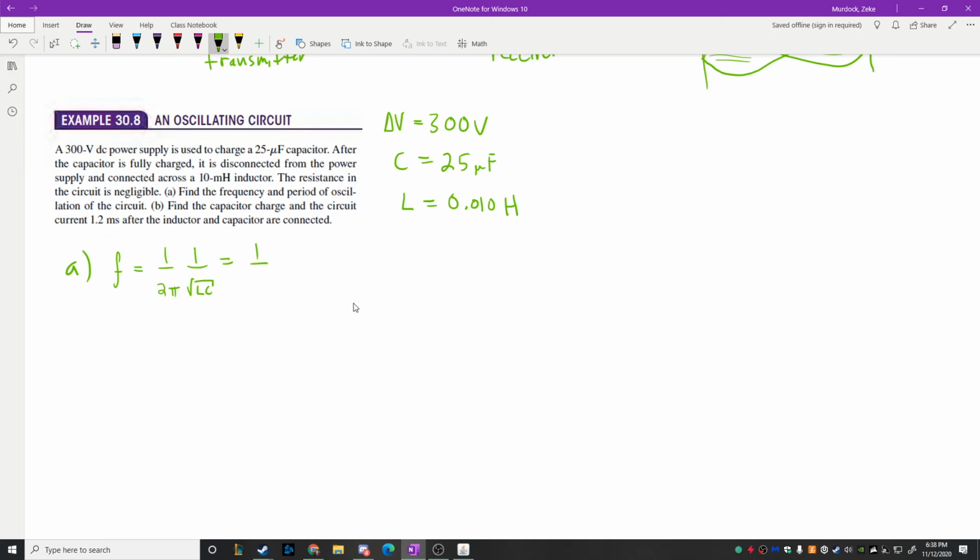So that's going to be 1 over 2 pi, and then the square root of L, which is 0.01 henries, multiplied by 25 times 10 to the negative 6 farads.